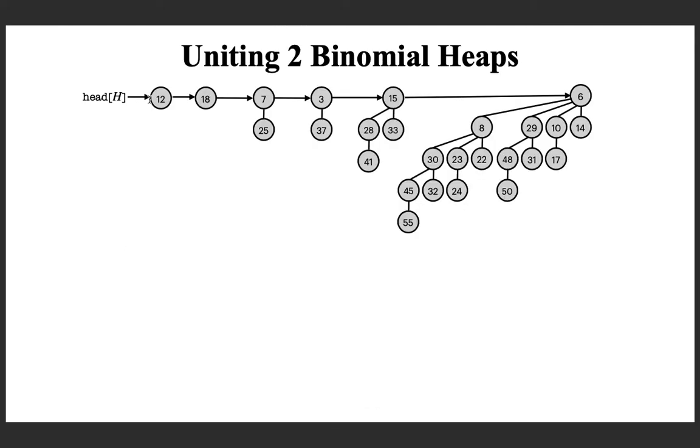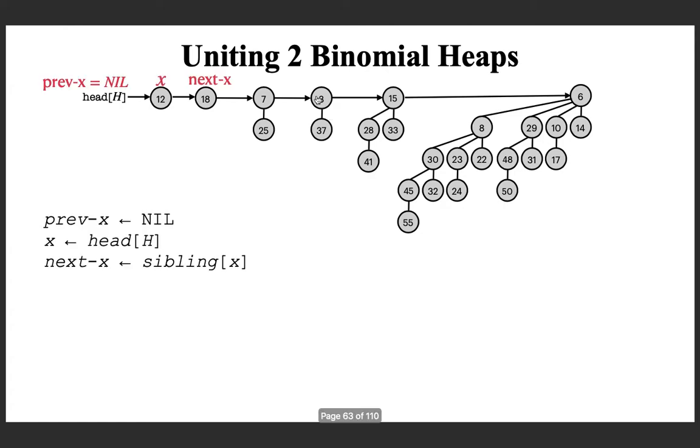Otherwise you have to do something. Suppose you result in this kind of a linked list after you merge. You know that you have to combine these two, because two binomial trees of degree 0, here 2 with degree 1. So you have to combine, and for that we need to traverse the list, and this standard procedure given in the textbook uses 3 pointers to traverse this.